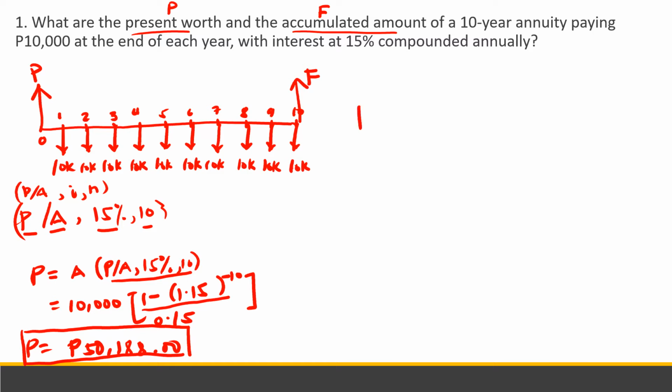Yung second case naman, finding F given A, with I equals 15% and N equals 10.